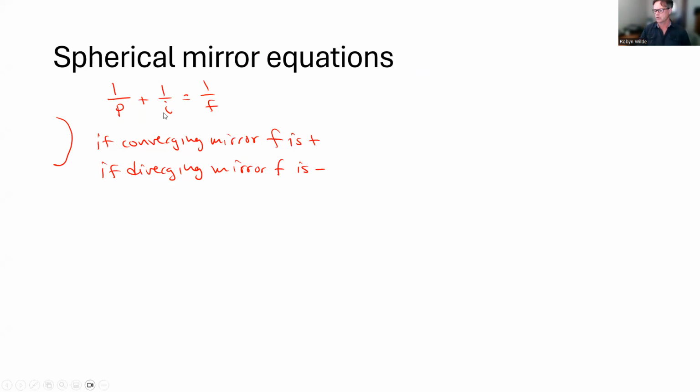Okay, now a second equation that you'll see in the problems is magnification. Now magnification is the ratio of the image height to the object height. So basically we're going to call it M is the height of the image over the height of the object.